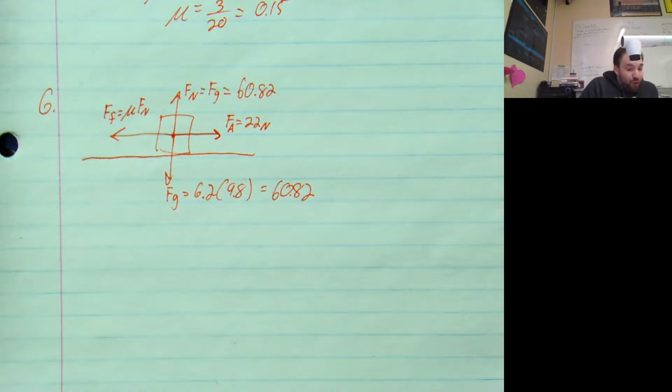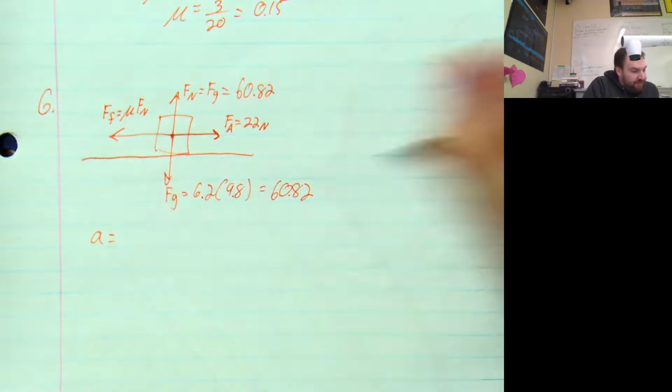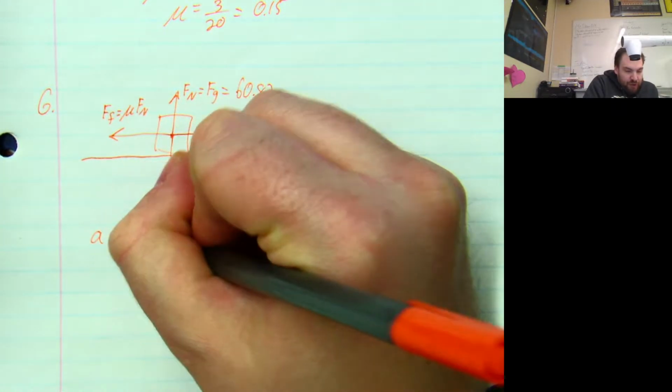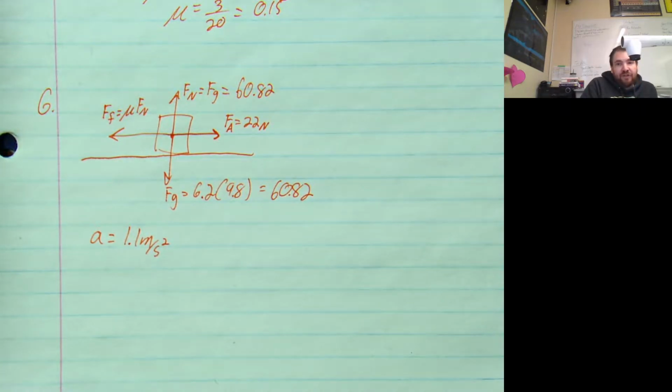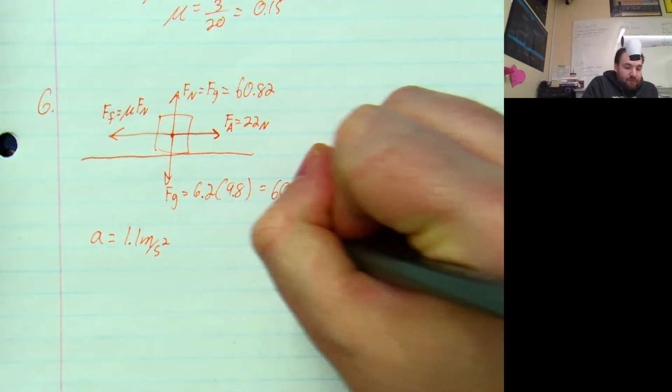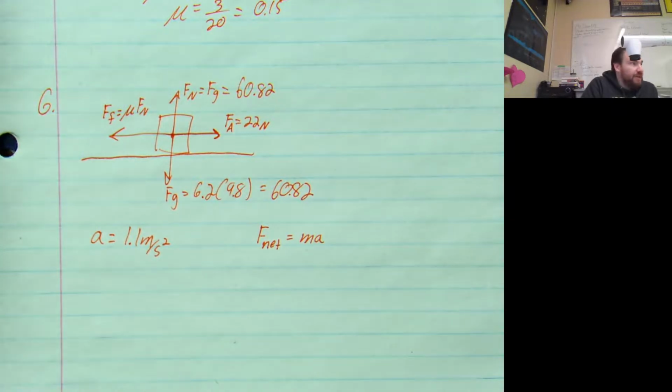So now we're told this thing is accelerating. We've got an acceleration of 1.1 meters per second squared, which means we have to start from here, because there is an acceleration, we're not going to have things nicely balance each other.